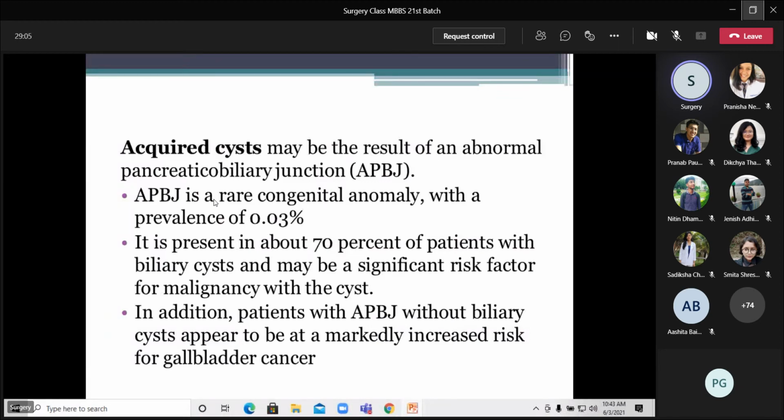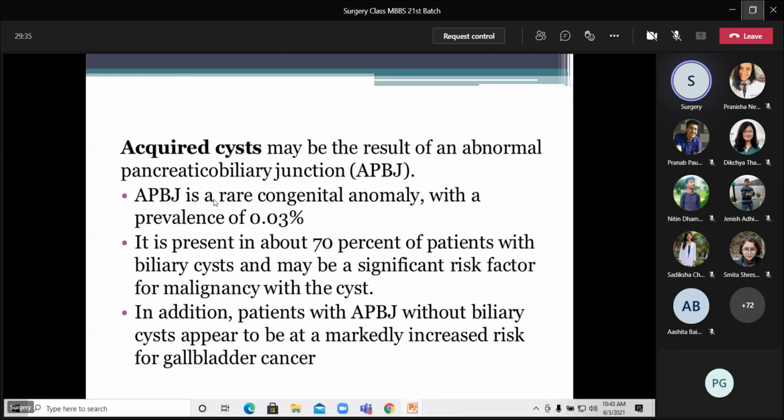So it's a congenital anomaly, APBJ, abnormal pancreatico-biliary junction abnormalities. Its prevalence is 0.03%, and it is present in about 70% of patients with biliary cyst, and may be a significant risk factor for malignancy with the cyst.